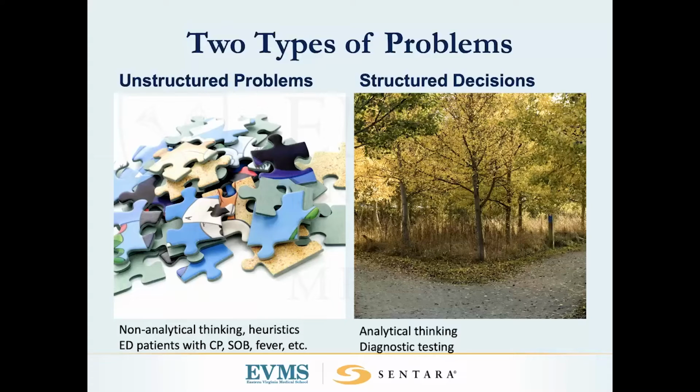But analytical thinking is used for structured decisions where you're at the point in a trail where you can either go left or you can go right. It's either A or B. It's either acute myocardial infarction or not. We try to turn unstructured problems into structured decisions that we can test.